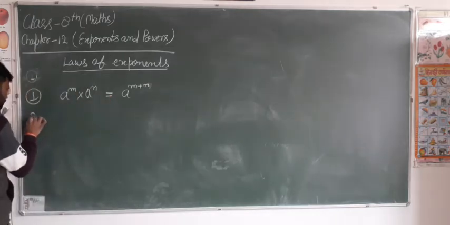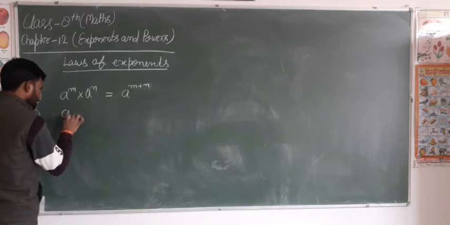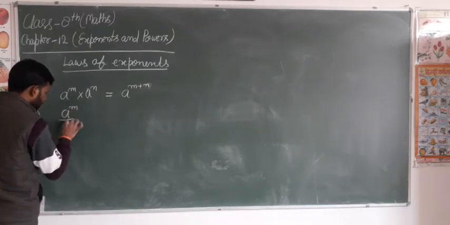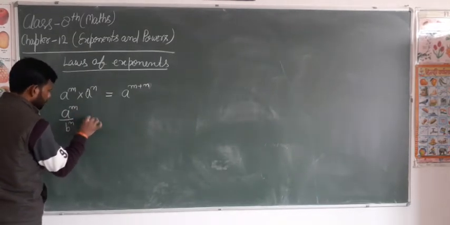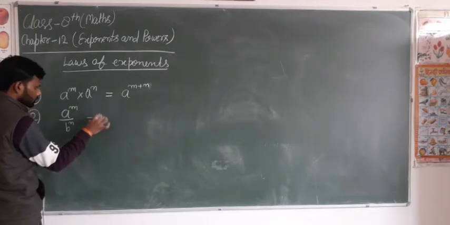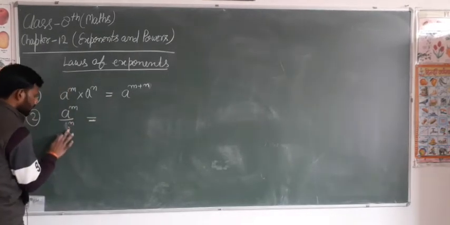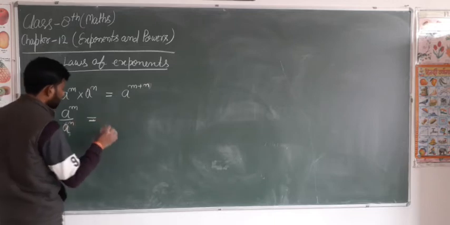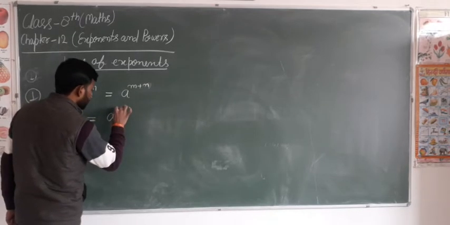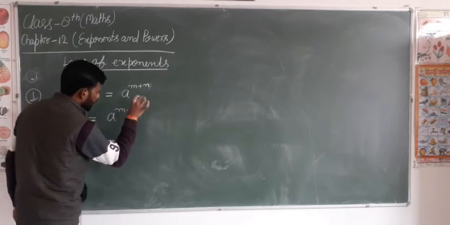And second: a to the power m upon a to the power n is equal to a to the power m minus n.